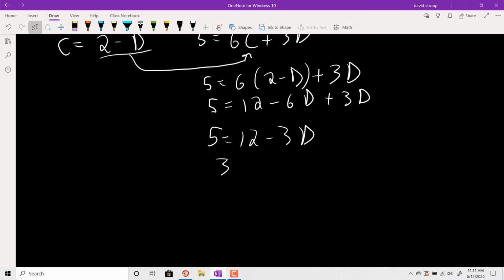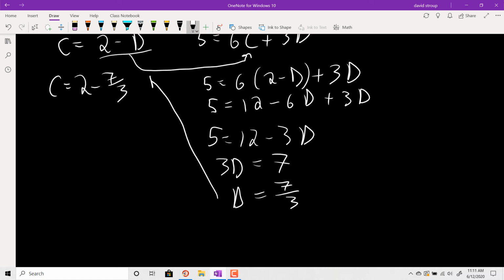And then 3d will equal 7, apparently. And then d equals 7/3, unless I made some arithmetic error, which I do a lot. But 2 minus 7/3, back substitute now, back up here. And so c equals 6/3 minus 7/3, which of course is negative 1/3.